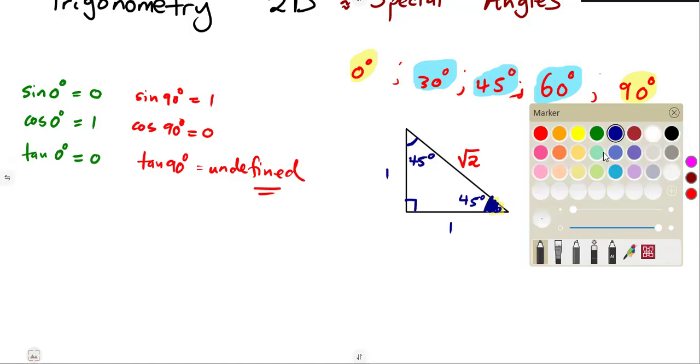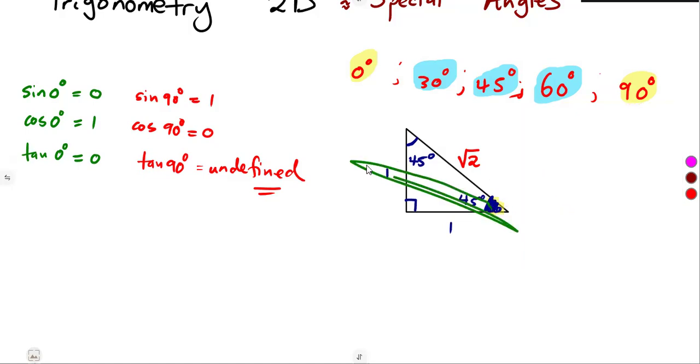Remember, according to the given angle, we can name the sides. So according to this 45 degrees, the one that is opposite to it becomes our opposite. And 90 degrees and 45 here, they are adjacent to each other. Remembering our hypotenuse always faces the 90 degrees, the longest side.